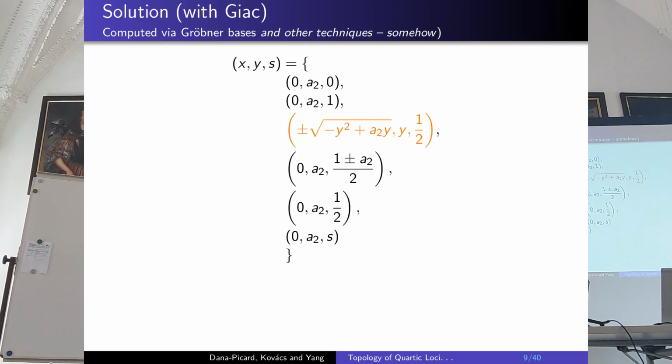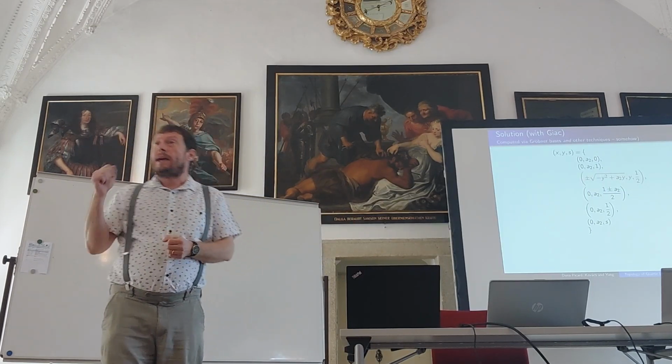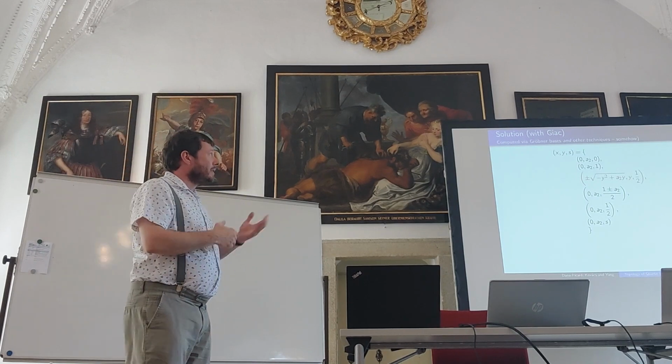So these are the solutions. And you can see that the third solution, this plus minus, this orange one, is some strange solution. Why is it strange? Because we expect that the singular point or the critical point is on the y-axis. And in this case, it's not.